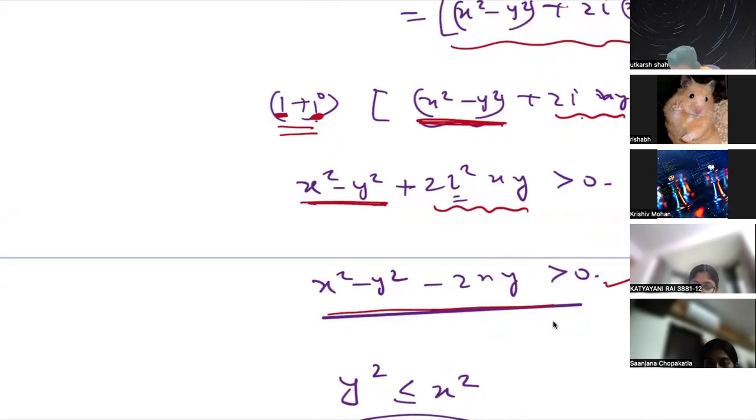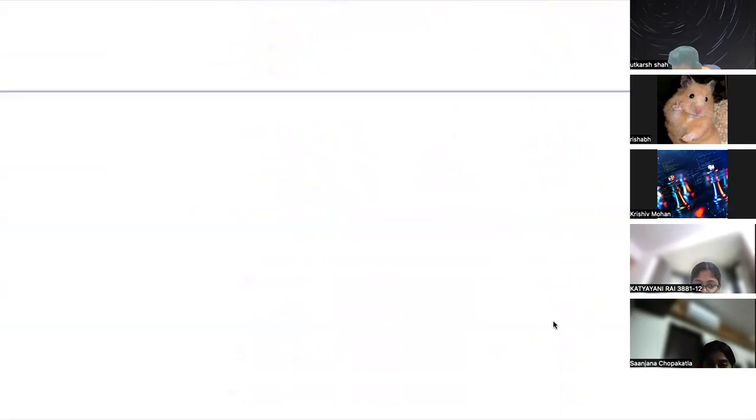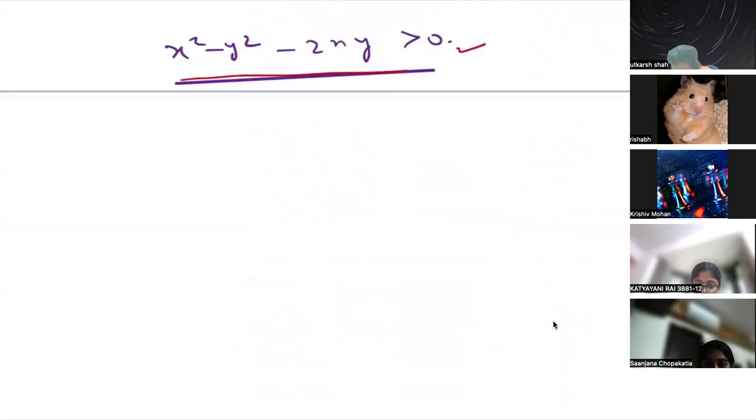Now I have to plot this in the Argand plane, meaning the xy plane. The Argand plane is the xy plane only, right? So this is x square, y square, and we get x square minus y square minus 2xy. Now we have to take care of the equation of this.